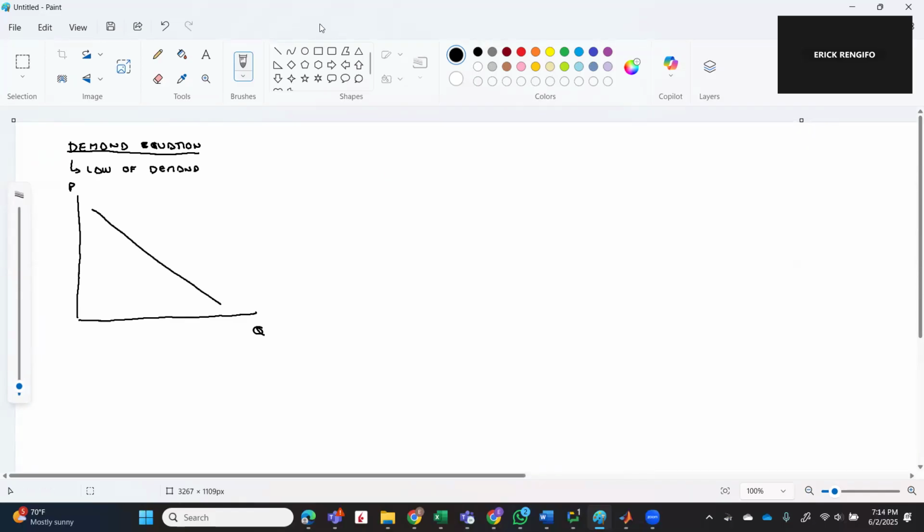So what is the idea of that? That if the price starts increasing, what happens with the quantities, guys? The quantities start decreasing. So this is the famous law of demand, which simply implies that the demand function, so this is my demand function, linear, has a negative slope. Make sense, guys?